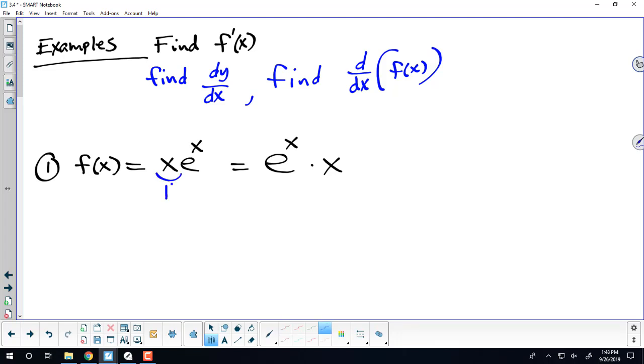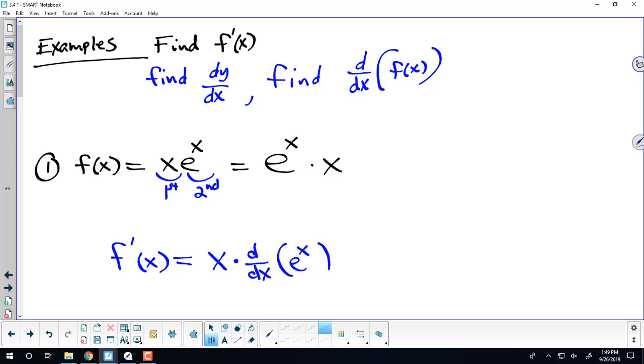What you're going to call the first, and the second, matters. So just keep that consistent through your derivative process. So the derivative then of that product is the first times the derivative of the second plus the second times the derivative of the first.